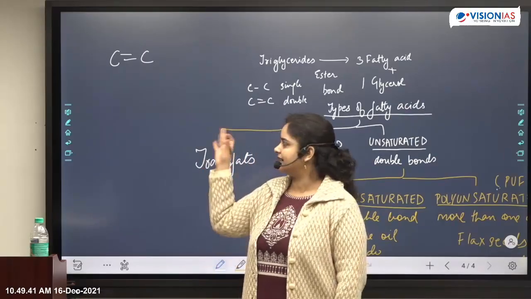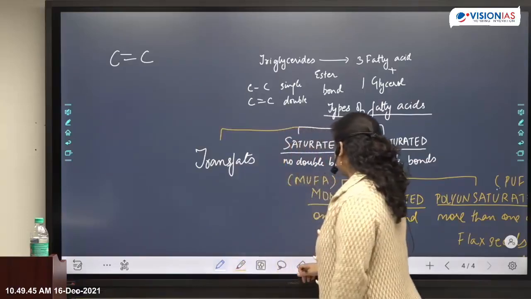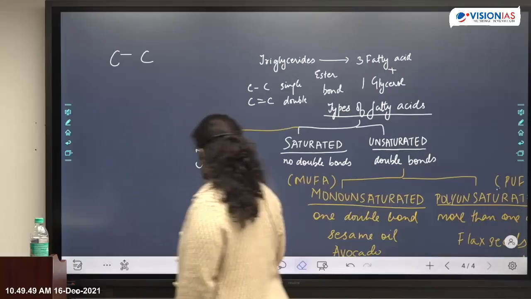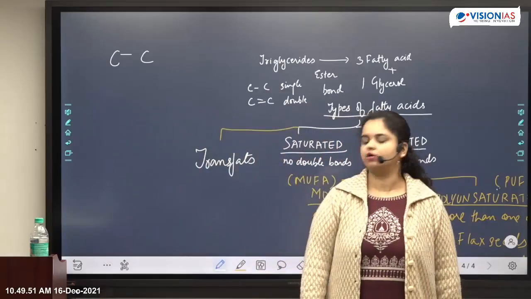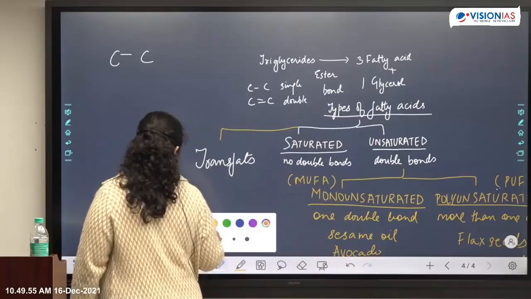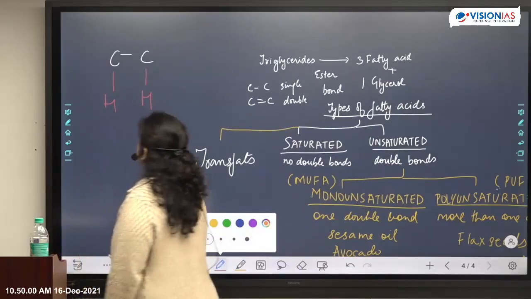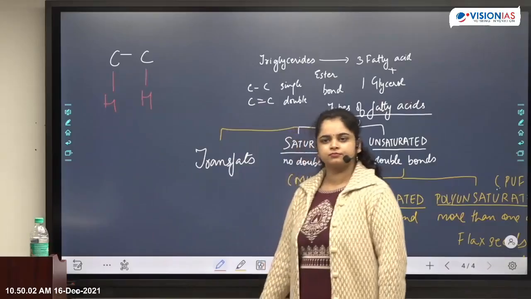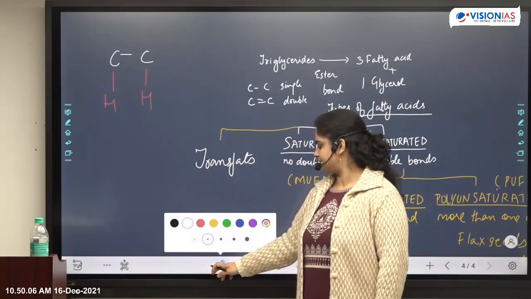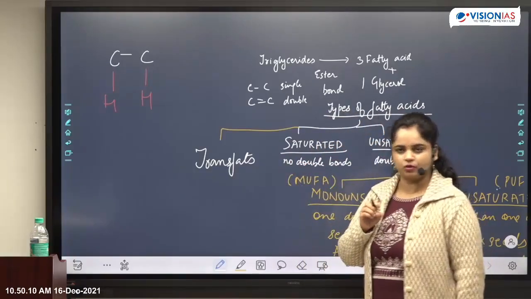We get this in our industrial setup, in our lab, and we break one bond, and in place of this we add hydrogen. So where there was a double bond, in that place we have now added hydrogen.